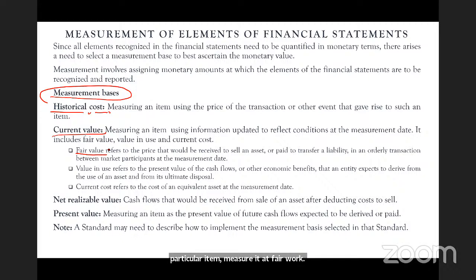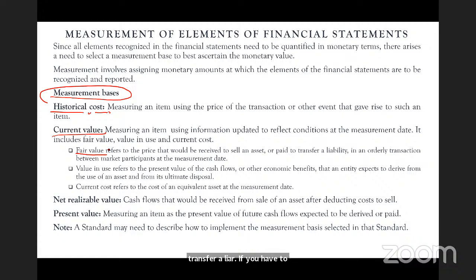Now, what fair value means, by definition, is the price that you could get if you are to transfer that asset, or what you would pay to transfer a liability. Number one, the price that you would get if you are to sell that asset in the market, or the amount of money that you could get if you are to transfer a liability.